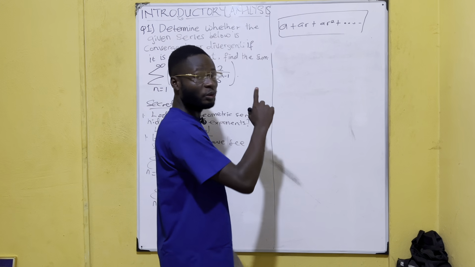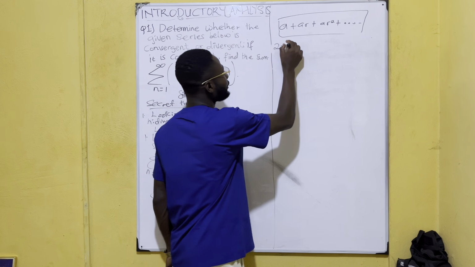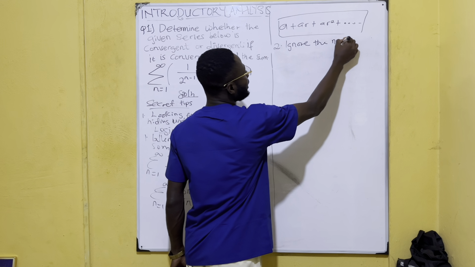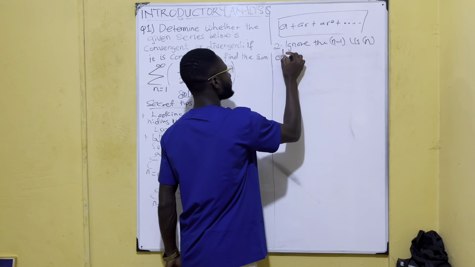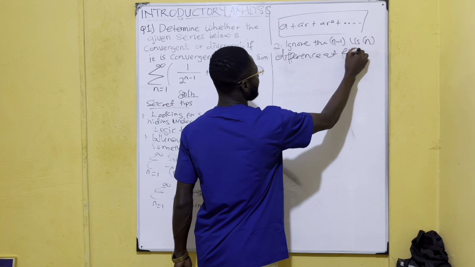So tip 2, or the second secret: ignore the n minus 1 versus n difference at first, okay?